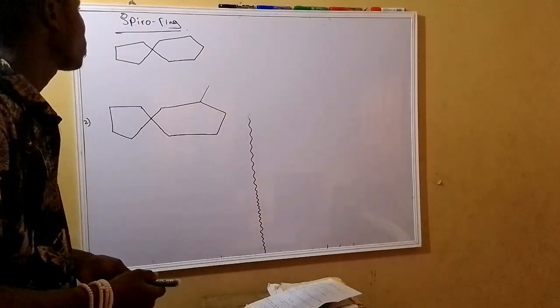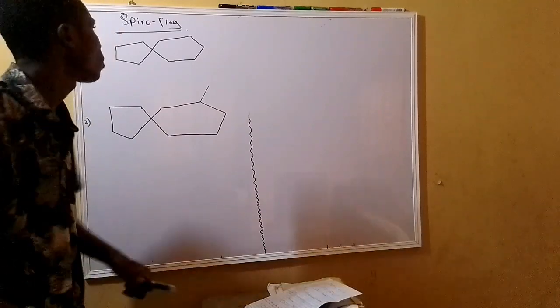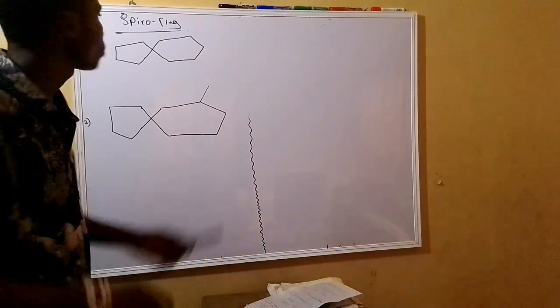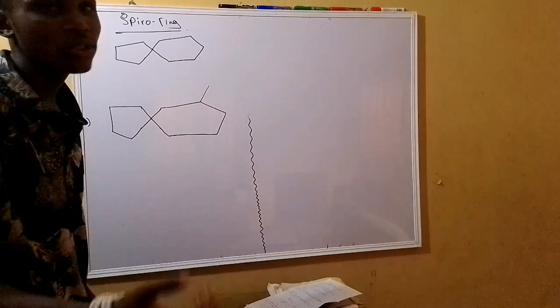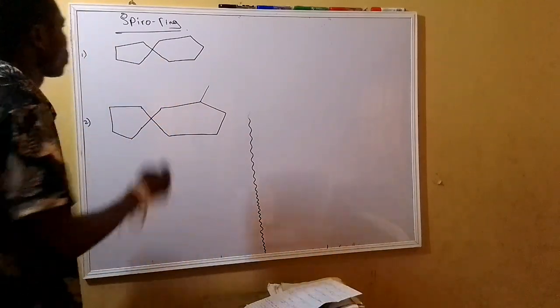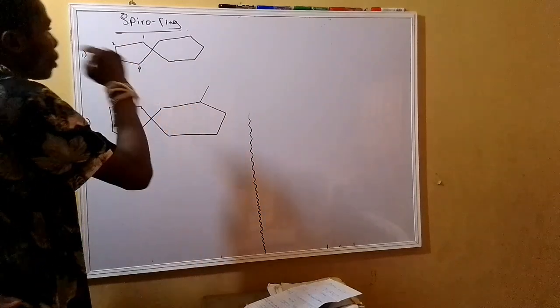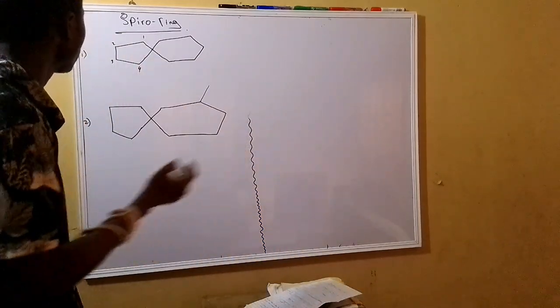Now, how do we count it? I told you guys already, you have to look at the bridges. Now in this step you have 2 bridges, but where do you start from? The lower one. From here I could easily count: 1, 2, 3, 4. First and foremost, this is the lower bridge.